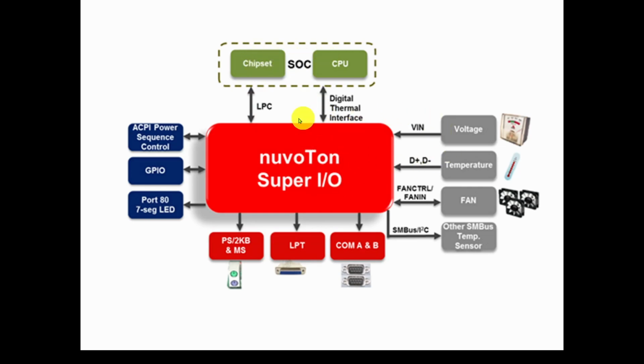So we're starting to see that the Super I/O can do a lot of things. ACPI power sequence control, GPIO, and 7-segment LED. But here you can see that, yes, if you want to get some voltage, temperature, and fan data, you can access the Super I/O, and probably it's going to be over this LPC communications link.